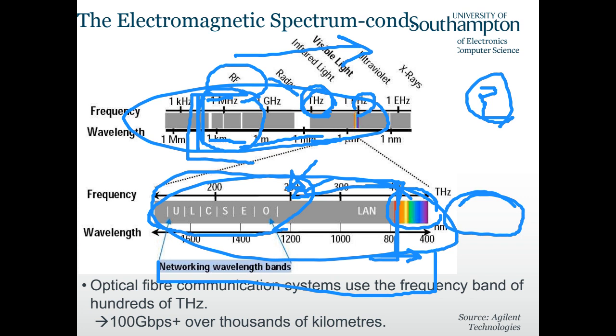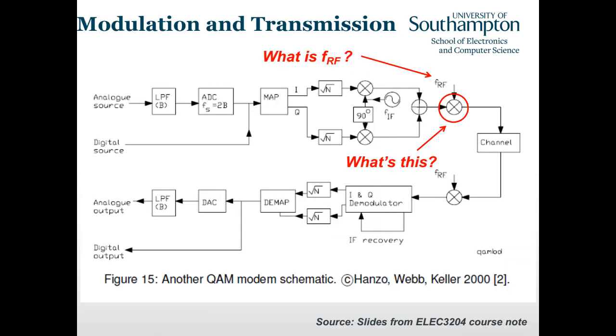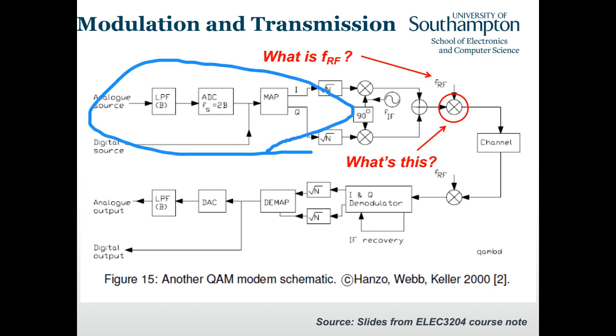So this is an RF system. What we normally do is we do all the modulation and signal processing in the baseband. And then we modulate the baseband signal to an RF carrier. This is a mixer.